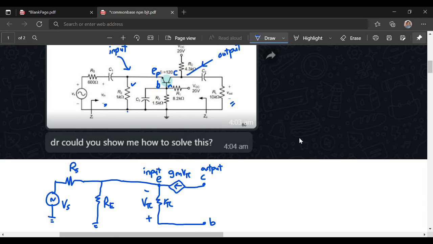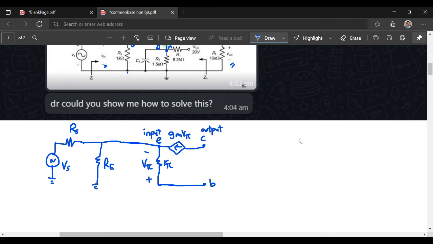At the base, here you have R1 and R2. R1 goes to ground, and R2 goes to ground, and there is a capacitor C3 from base to ground.